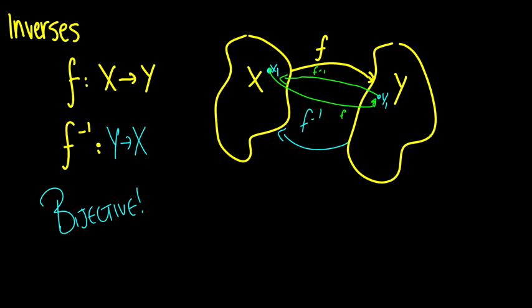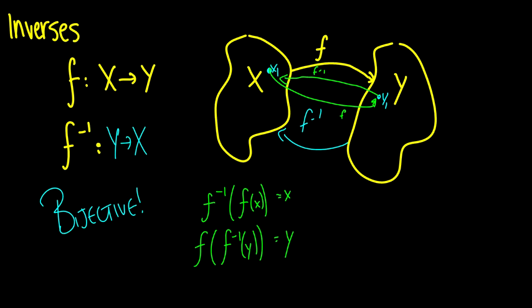In fact, you see some really cool properties, is that if you take the inverse of the function at x, you're just going to get x back. And it doesn't matter which way you take this, you will always get back the same element that you started with. So that's a nice cool little property.